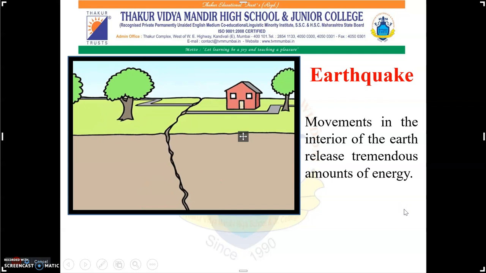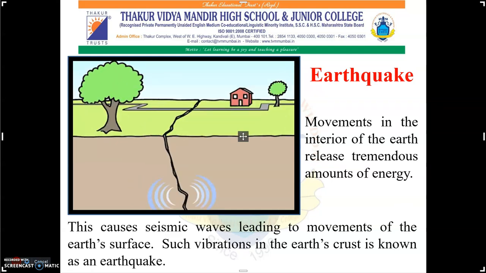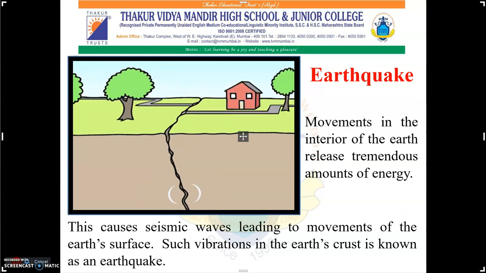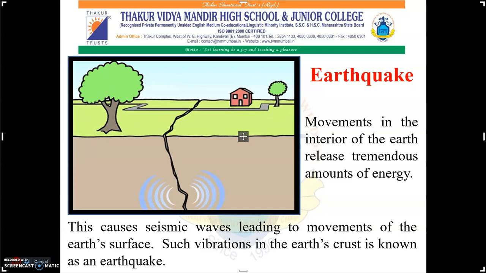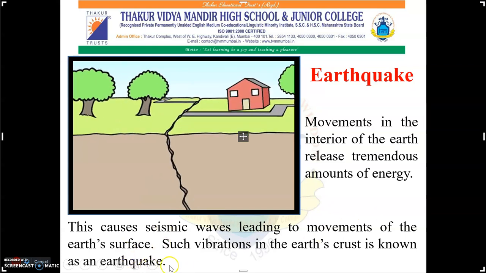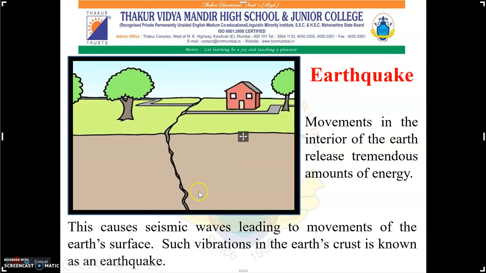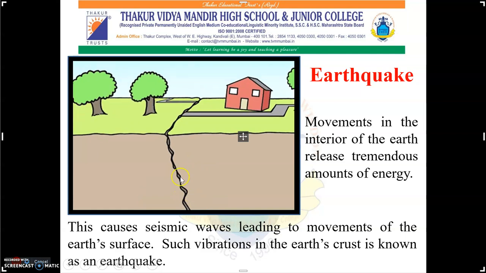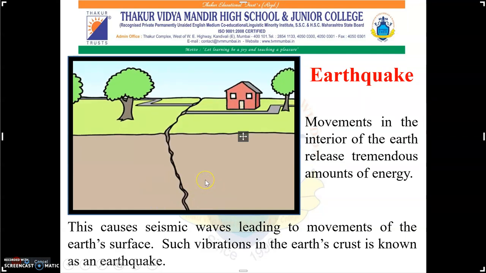Movements in the interior of the earth release tremendous amount of energy. This causes seismic waves leading to the movement of the earth's surface. Such vibrations in the earth crust are known as an earthquake. As shown in the picture, the shocks and the waves formed in the interior of the earth spread on the surface in all directions.